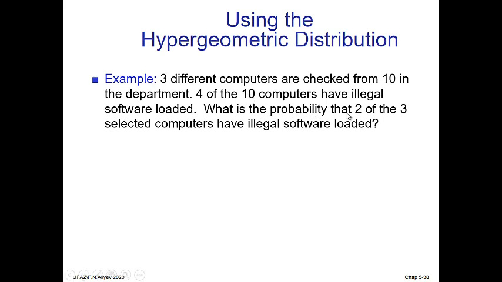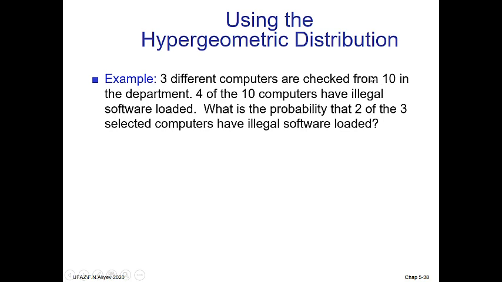Here, as you see, they select 3 computers, and what is the probability that 2 of them have illegal software loaded? So n, which represents the sample size, equals 3, and x, which represents the successes in the sample, in this case the number of illegal software loaded computers in the sample, is 2.